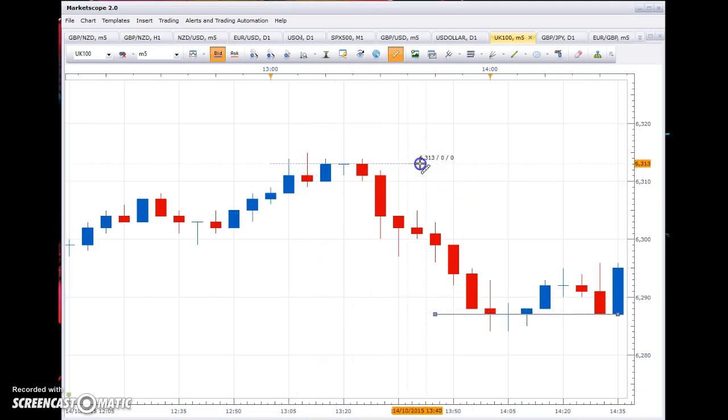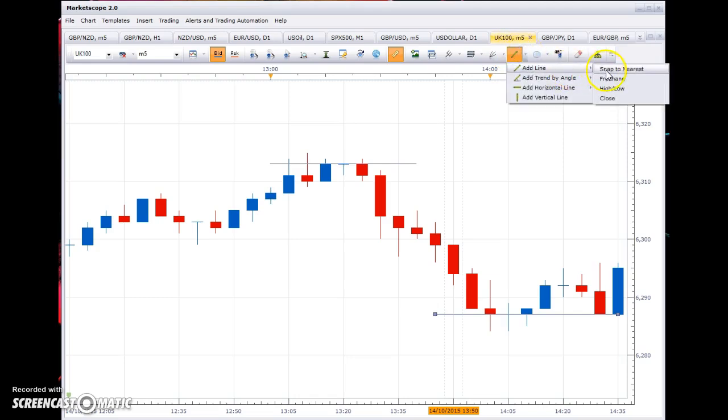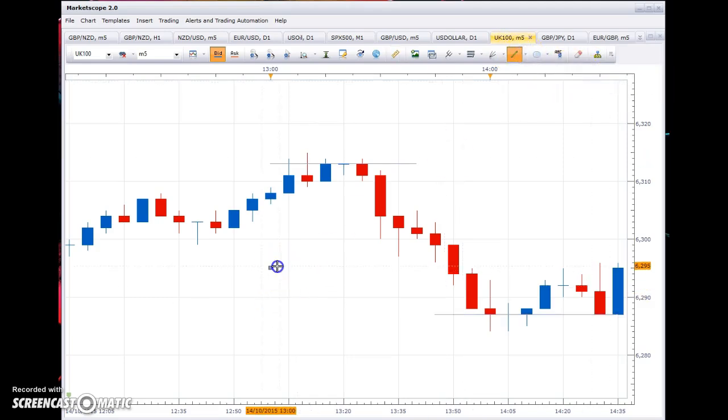Yeah. So 17 pips would be around here. 6.296. Okay, 6.296, about there. Okay. So this would be your target. Sorry, no, what am I talking about? This will be your entry point, and this will be your target.